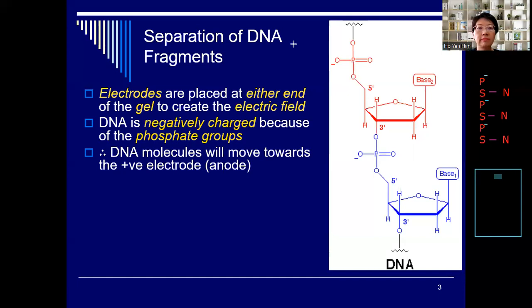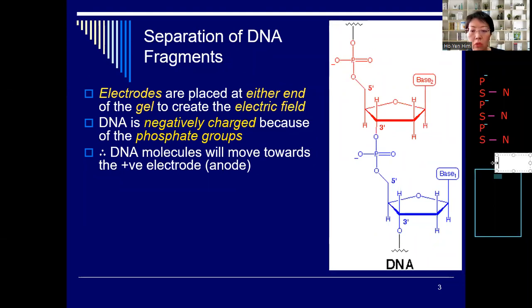What charge should we use? Positive? No. You want it to move down through the entire gel so that the DNA with different sizes will start to separate. So we must use negative charge, right? So we must use negative charge.